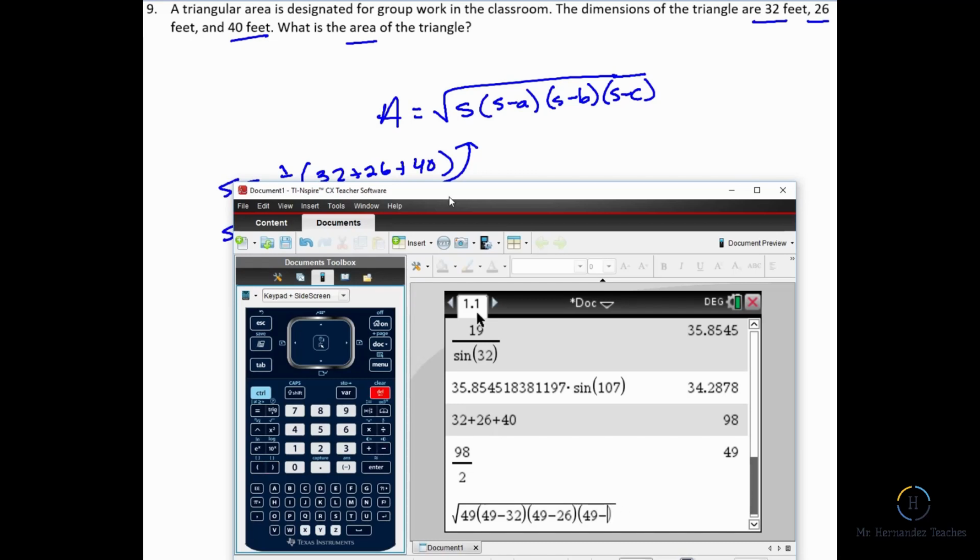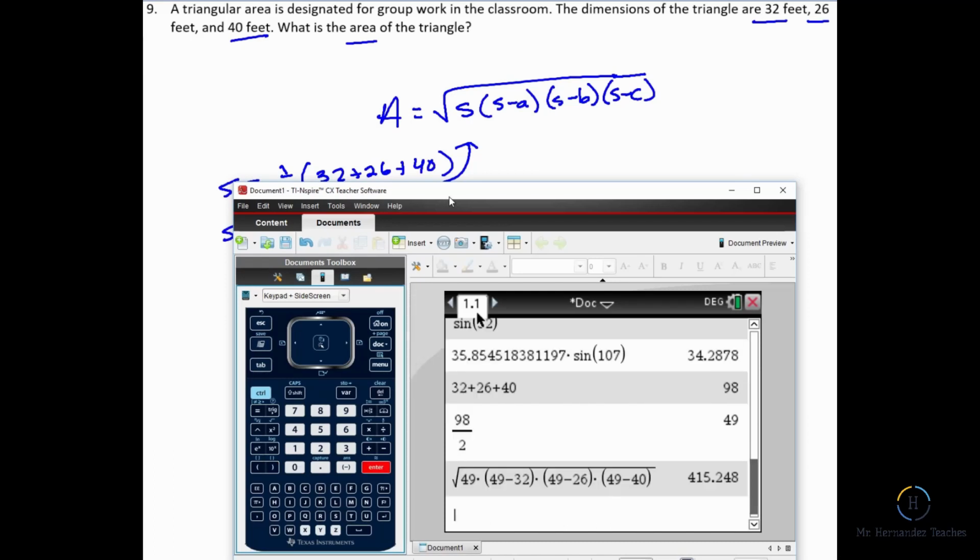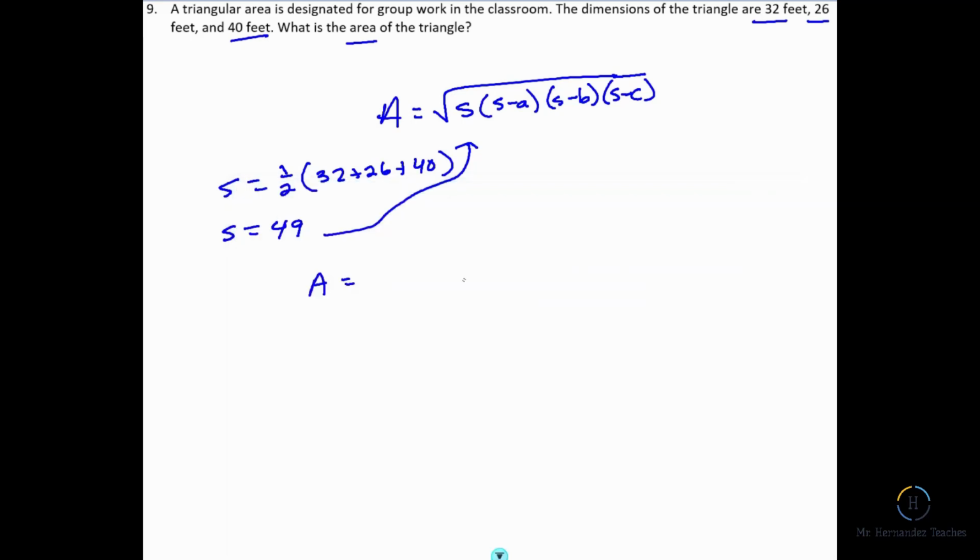Oops, it's not 50, it's 40. And we get the area is 415.2 feet squared. So you can figure out the area from that just using Heron's formula. If you're given all three sides, use Heron's formula. This is how you use it.